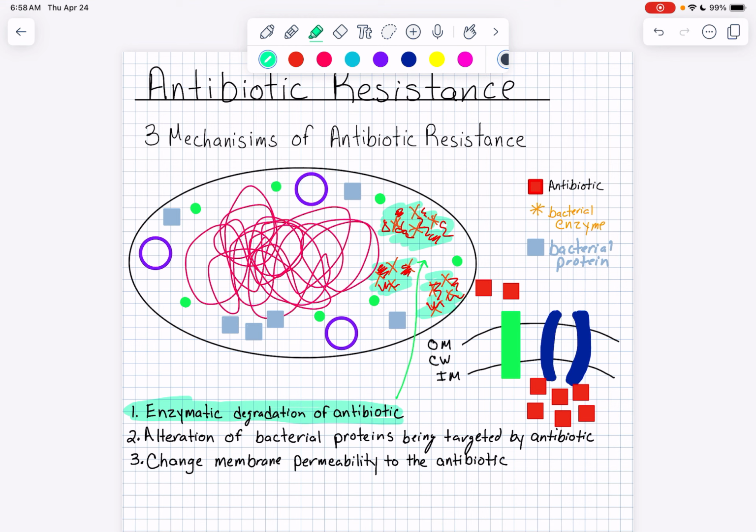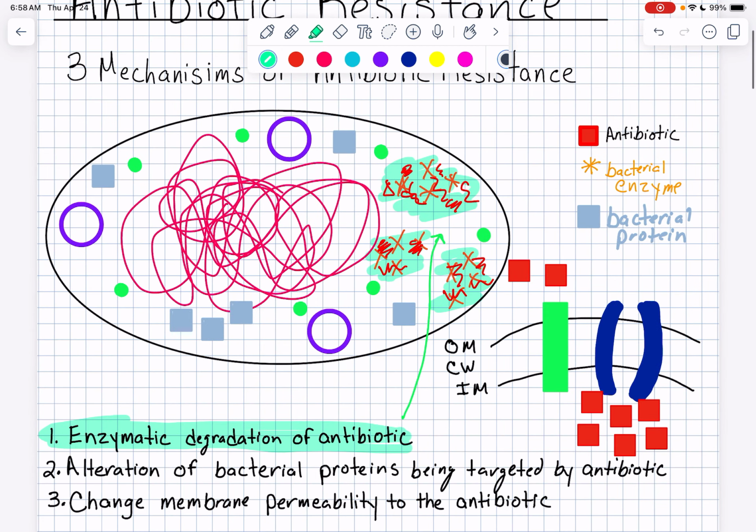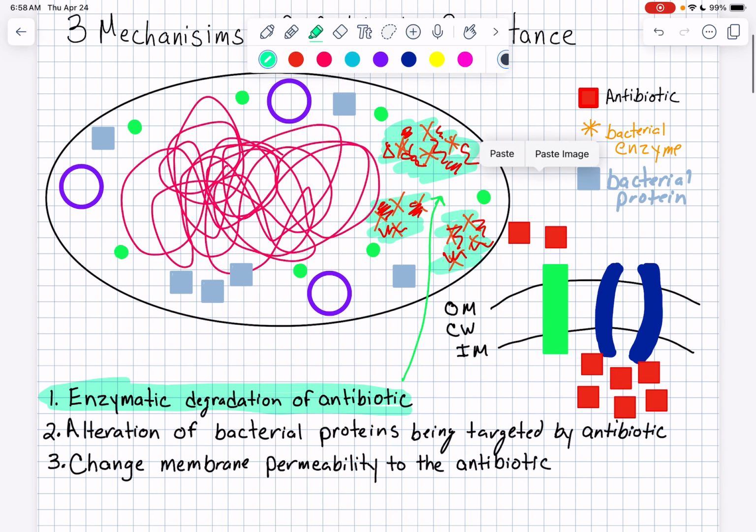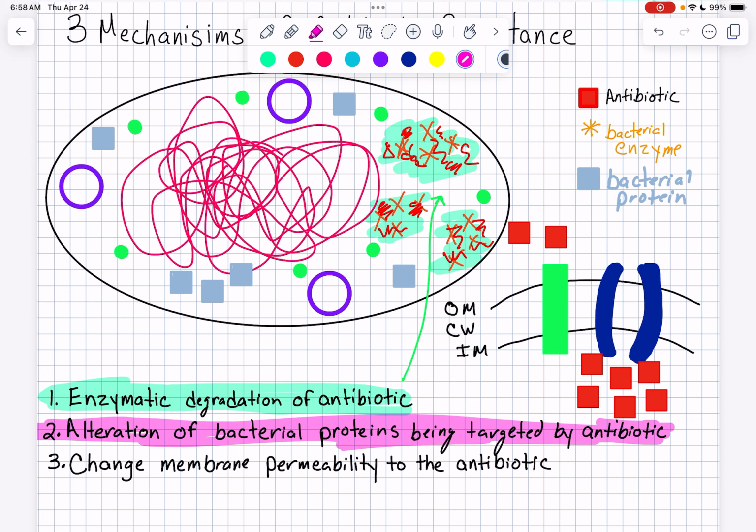Another thing that can happen is there can be an alteration of the bacterial proteins. These light bluish gray squares are my bacterial proteins. What we're going to do is alter it. The antibiotics are targeting certain proteins based on their structure. And we do know that it's not based on the shape.